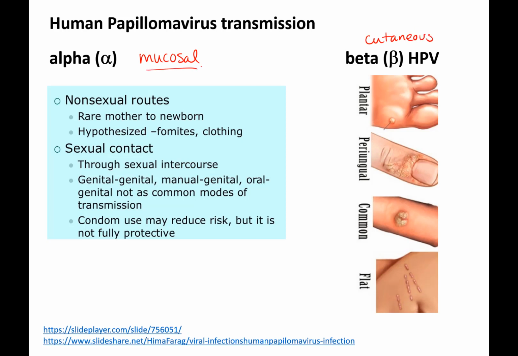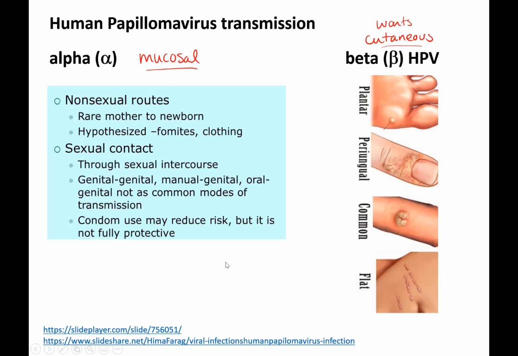So this is both epithelial cells, just where they're located in the body. So these are the warts, low risk type. And so the alpha primarily is through sexual transmission. So it's something to think about. This is a sexually transmitted cancer. Cervical cancer is a sexually transmitted cancer via a virus.